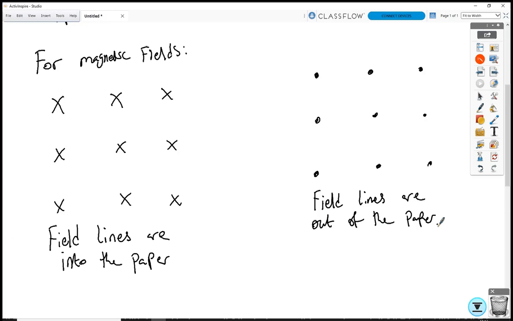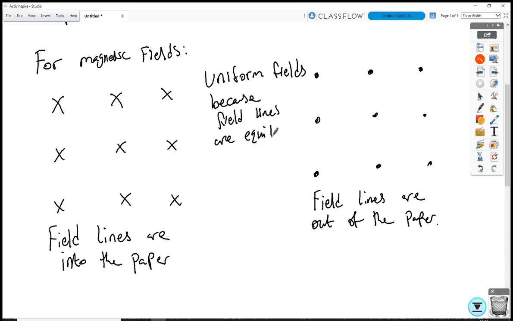Now both of these are examples of uniform fields. You can tell they're uniform because the field lines are equidistant apart. So the density of the field lines remains constant. So these are both uniform fields because field lines are equidistant, which means constant density.